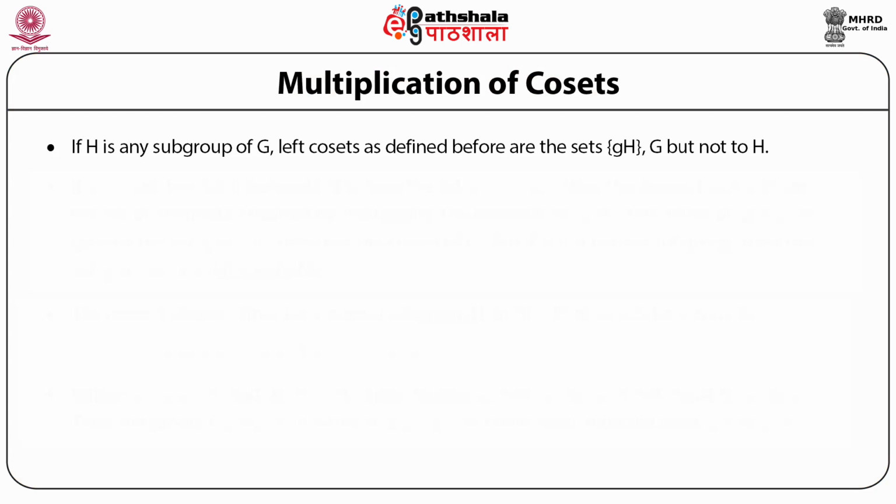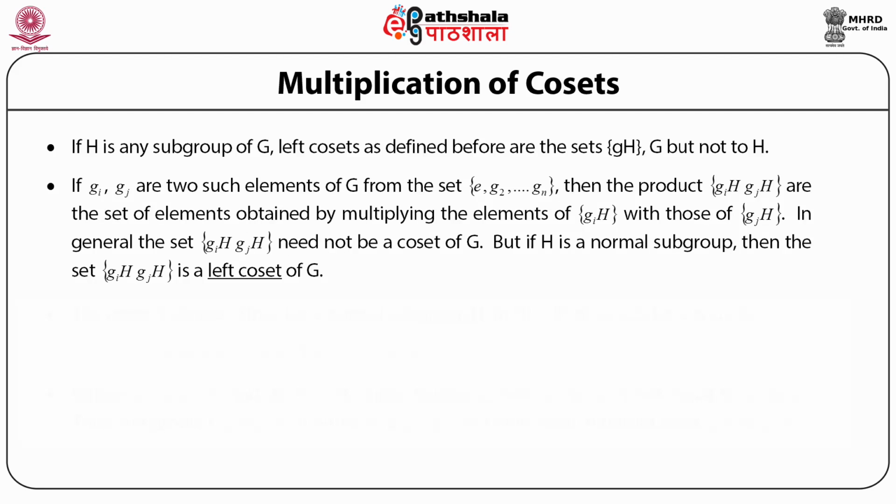If H is any subgroup of G, left cosets as defined before are the sets of elements gH, where g is any element belonging to the group G but not to the subgroup H. If gi and gj are two such elements of the group G from the set e, g2, gn, etc., then the product giH times gjH is the set of elements obtained by multiplying the elements of giH with those of the set gjH.